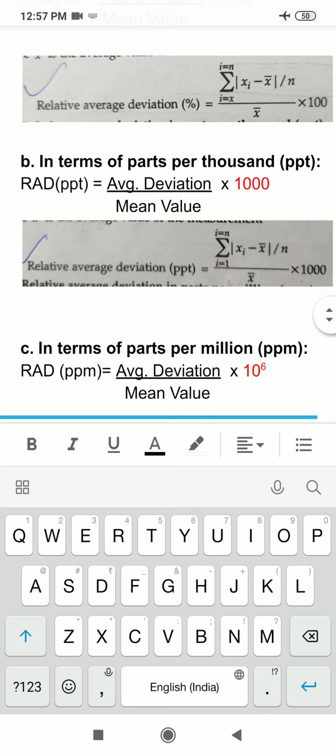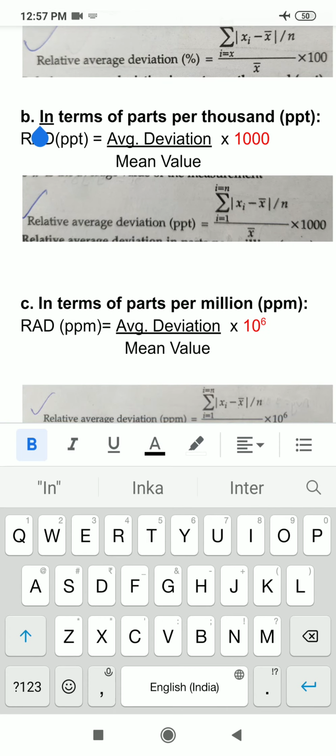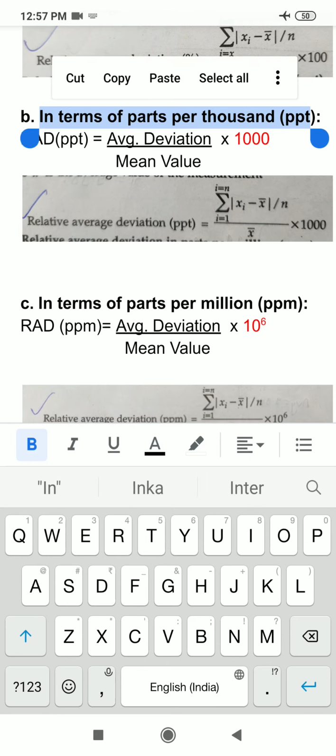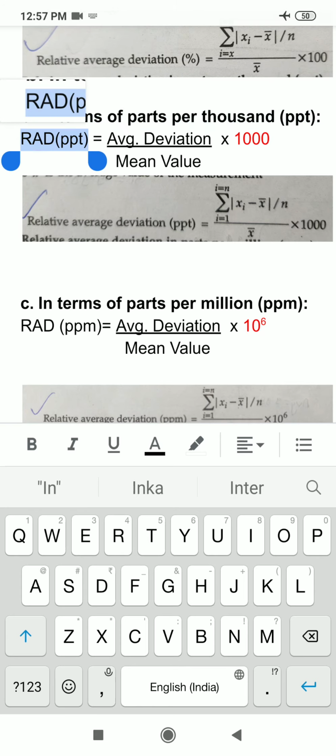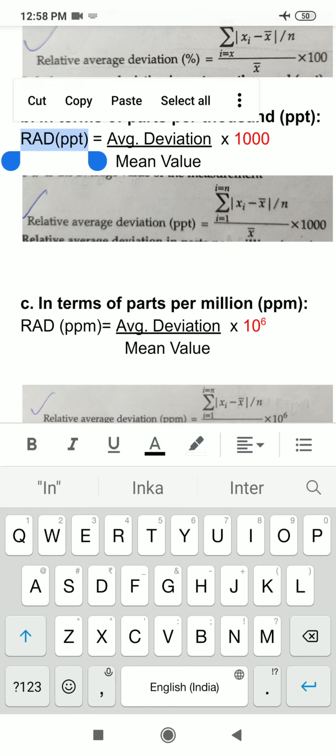Now if I wish to write relative average deviation in terms of parts per thousand, I will write RAD, that is relative average deviation, and parts per thousand can be written as PPT. So RAD in terms of PPT, relative average deviation in parts per thousand, will be equal to the average deviation divided by mean value multiplied by 1000.